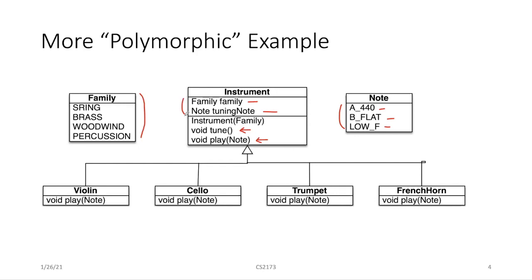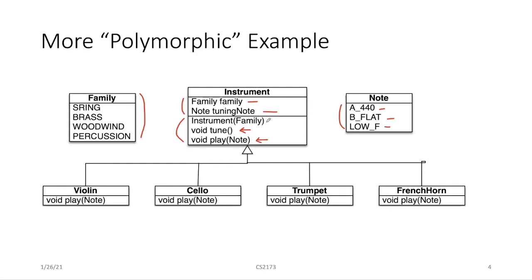So these are instance variables. This says that the Instrument will have these instance variables, and to meet the specification, if you're implementing the Instrument class, it must have these instance variables. And then the bottom section consists of the methods.